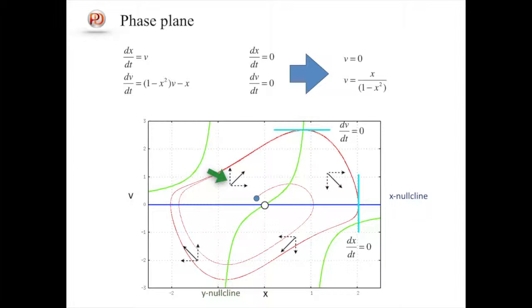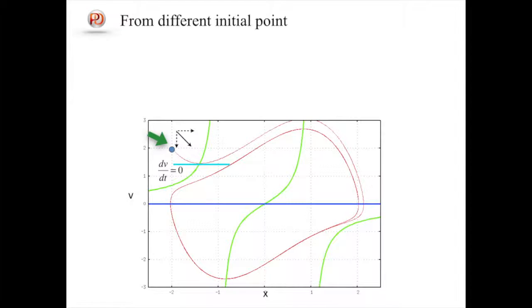The signs of derivatives of x and y are also important information to estimate the direction. In this case, the orbit starts from left upper part of the phase plane. At first, it goes to the lower right. It crosses the y null line horizontally and reverses the direction along the y-axis, because after crossing the y null line, the sign of the derivative of y reverses.